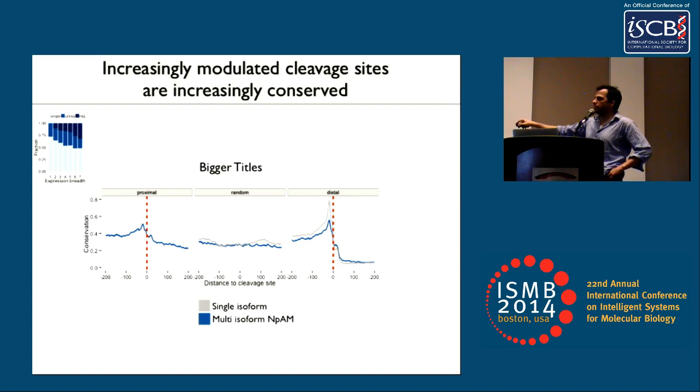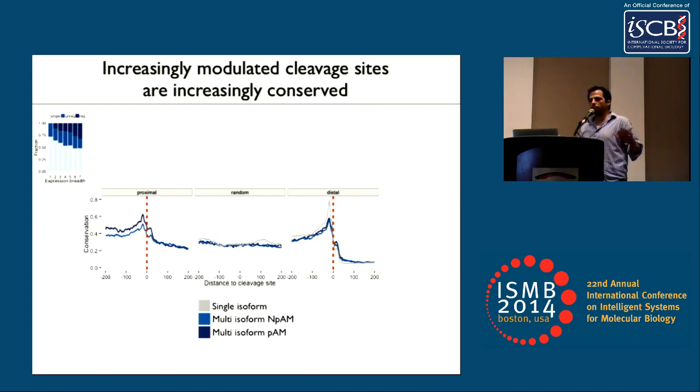And so what you see here is multi-isoform 3' UTRs that aren't regulated, that aren't our PAM set of genes. You see an increase of conservation around the regions that are recognized by the cleavage machinery. If we then look at multi-isoform PAM genes, so these are specifically short or long in some number of cell types, not this switch-like behavior, you see an ever-increasing amount of conservation around the regions that are important for the machinery to recognize to cleave at this site.